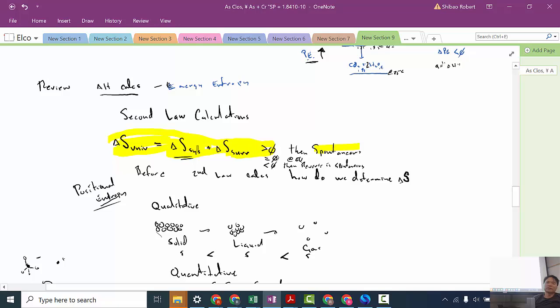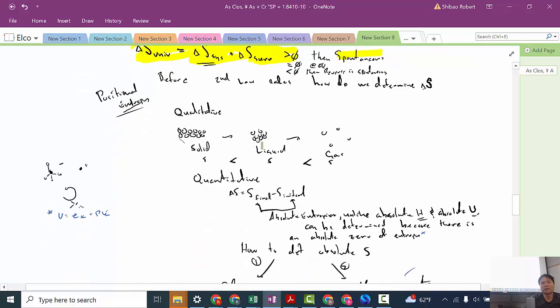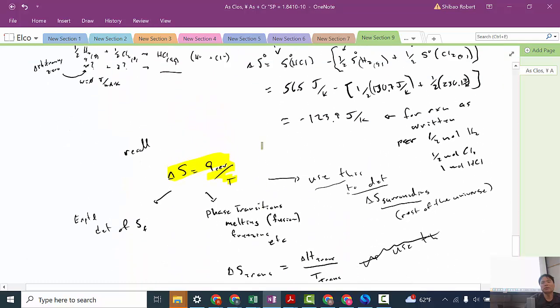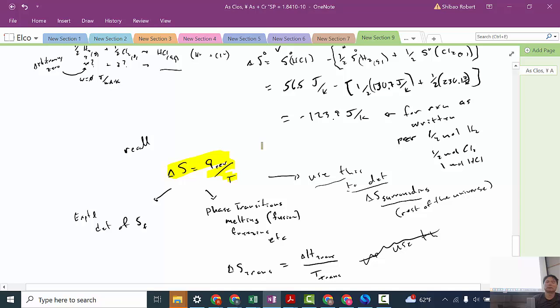So we need delta S to be greater than 0. That's our driving force. Delta S of the system is easy to calculate as long as it's in Appendix D. But what about the delta S of the surroundings? It's pretty much impossible to calculate because Appendix D doesn't contain everything in the rest of the universe. But we're very lucky. And so we'll talk about this now.